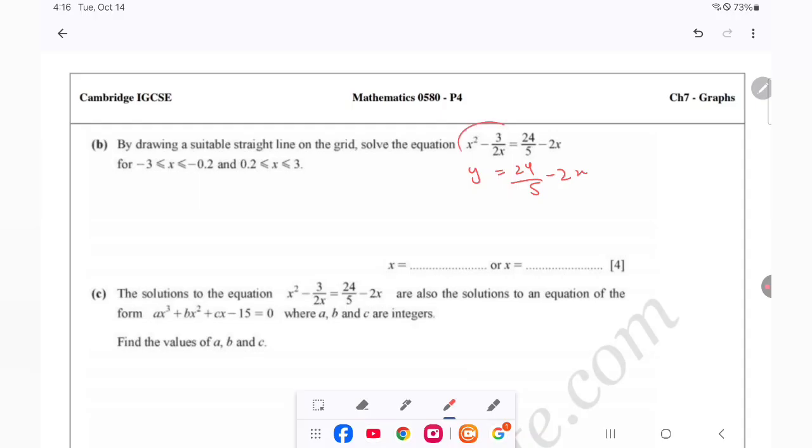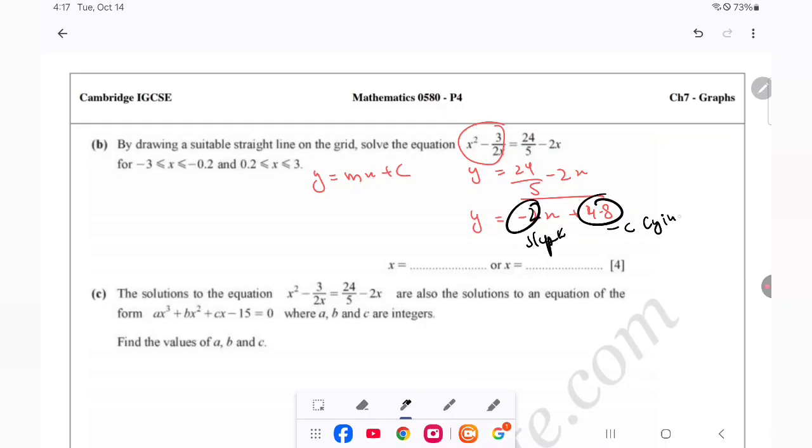So we can consider this whole term equal to y, and this is similar to the line equation y equals mx plus c. So we can arrange this equation as negative 2x plus 24 over 5, which is 4.8. Negative 2 becomes our slope. This will become our c, which is the y-intercept.